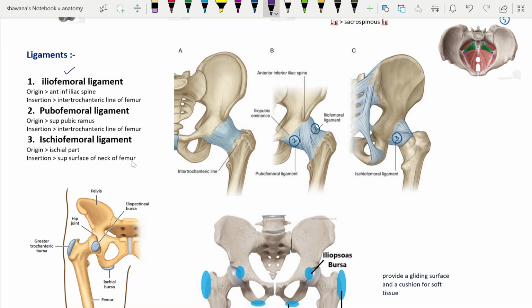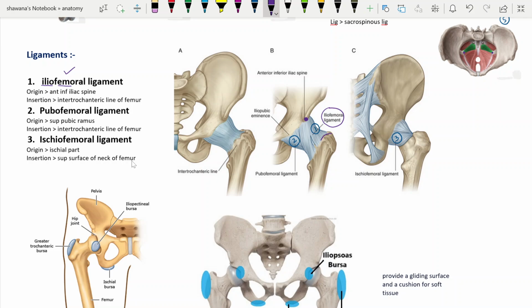First is the iliofemoral ligament, which is between the ilium and the femur. But which part of the ilium? It is the anterior inferior iliac spine, and it gives attachment to the femur. So this one is the iliofemoral ligament, from the anterior inferior iliac spine.